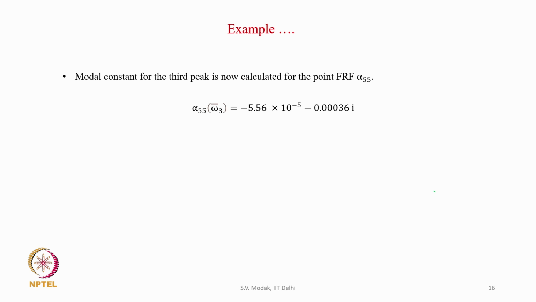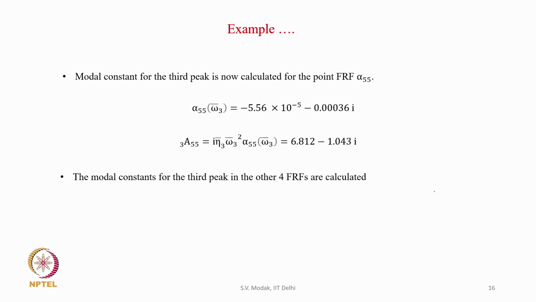Then we use the expression for the modal constant: 3A55, the modal constant of the third mode in the FRF alpha 55, is equal to i eta 3 average times omega 3 average squared times alpha 55 at the average estimate of the natural frequency. When all these known values are substituted, we get an estimate of the modal constant.